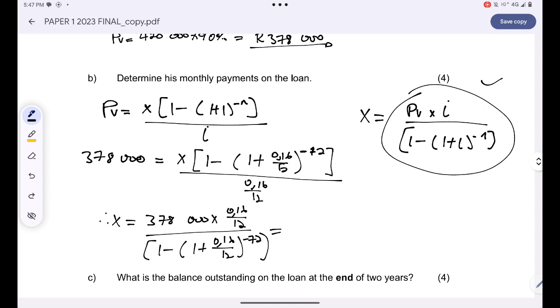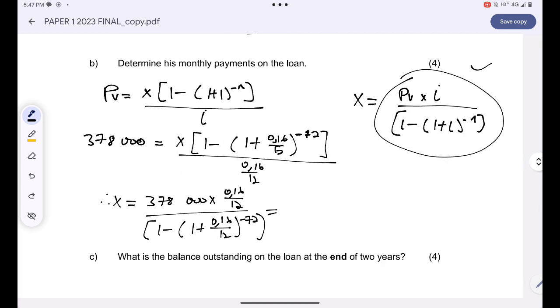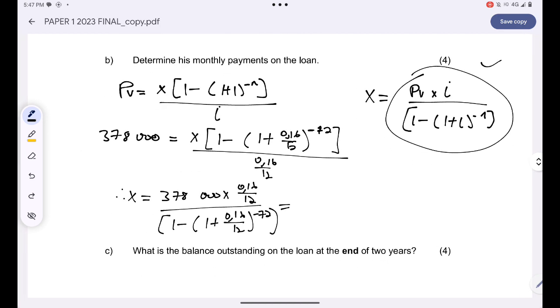So the amount of money that Jake will pay every month is just equal to 8,199 rands 52 cents. This is the amount of money that Jake will pay at the end of every month.